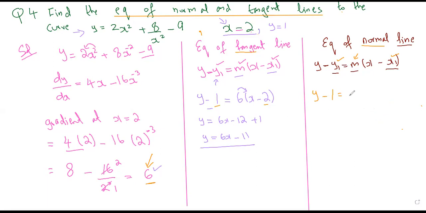So the negative reciprocal of 6 would be minus 1/6, times (x minus 2). I'm going to simplify this: minus x by 6 plus 2/6, that would be 1/3, plus 1. And now I am going to simplify this, so that would give me y equals minus x by 6, and then we have 1 divided by 3 plus 1, that is plus 4/3.